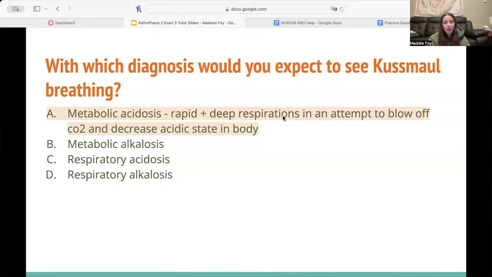I get why you would say that, but something to remember is Kussmaul breathing is deep and rapid respirations. If someone had respiratory acidosis, which is what a lot of you put, they would have shallow, ineffective breathing, resulting in the retention of CO2. So Kussmaul breathing specifically is a compensatory mechanism for a state of metabolic acidosis.